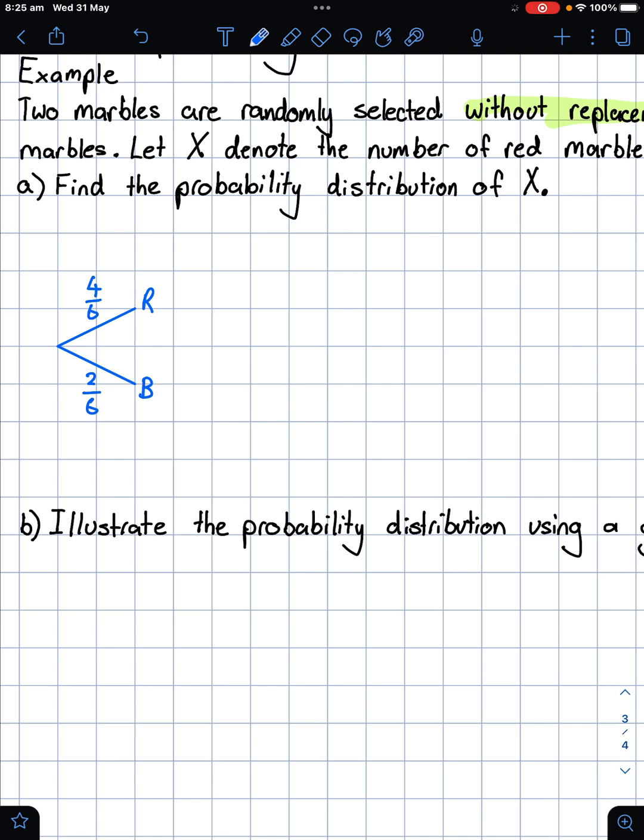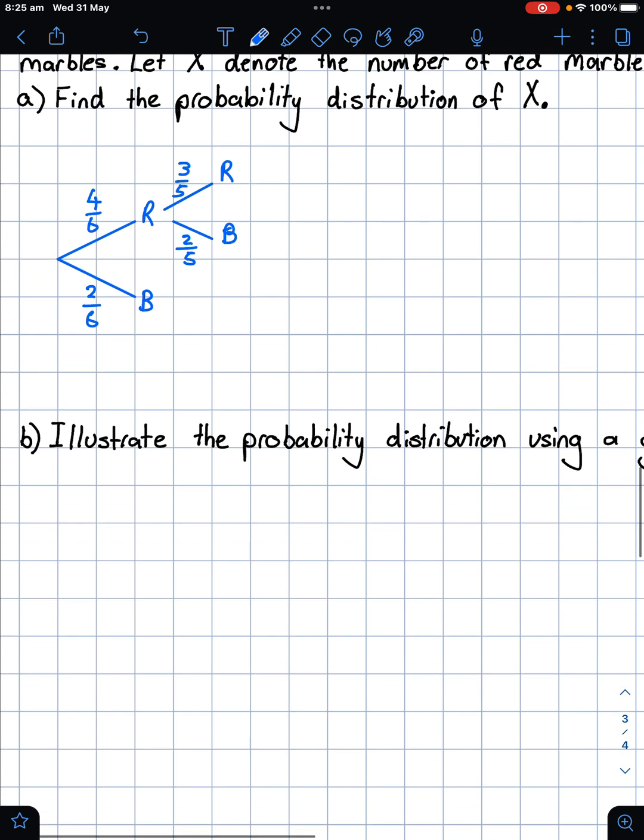Cool? So then if we get a red marble, so we've picked out a red marble, there's now only 5 marbles left in the bag. Okay, there's only 3 red marbles out of 5. So if we want to pick another red, there's going to be 3 reds left in the bag of 5, or there will be 2 blues in 5 there.